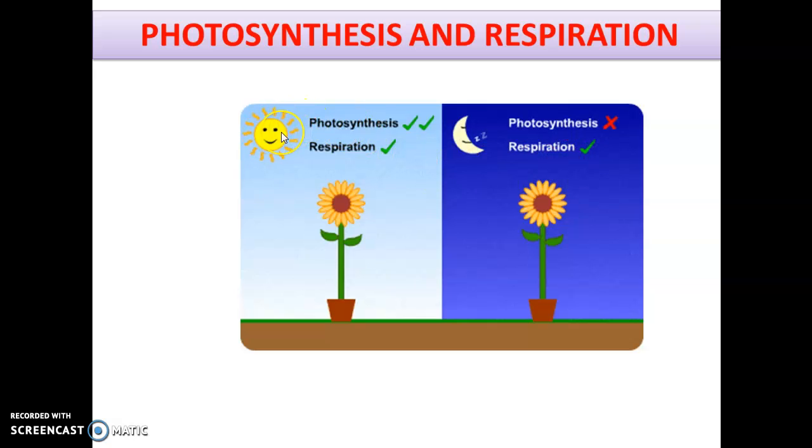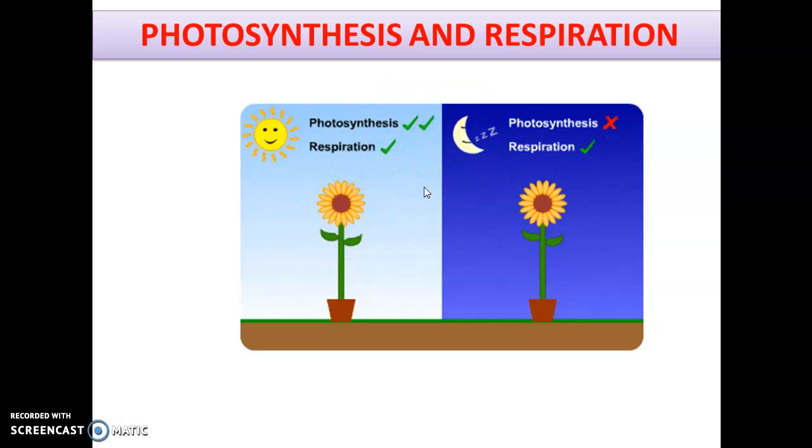Okay, so in this picture you can see in the first picture both respiration and photosynthesis take place, but photosynthesis always takes place in the presence of sunlight. So respiration doesn't depend on the presence or absence of sunlight. It will take place throughout the day and night.